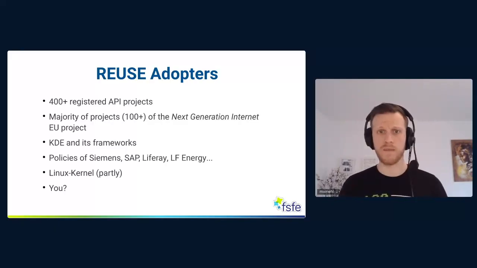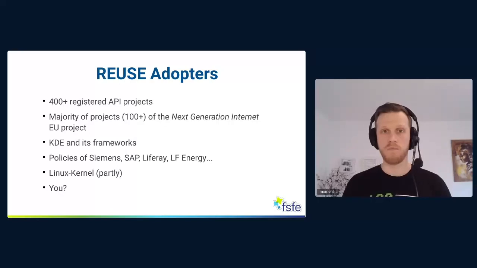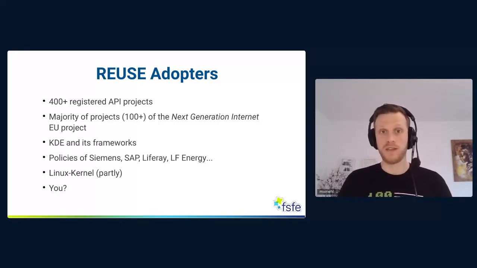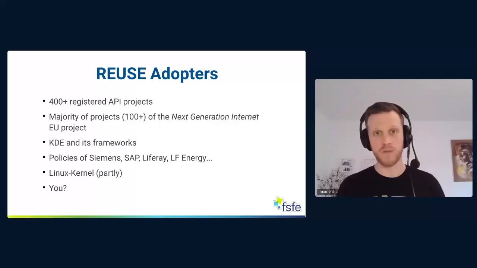And it's a great thing because those projects are all free software, are meant to make the internet of the future a little bit safer, privacy friendly, and so on. And all of these projects funded by public money will also be reuse compliant. So that's a great thing.